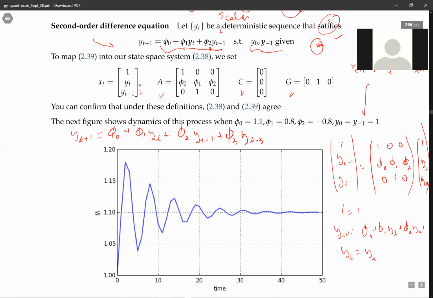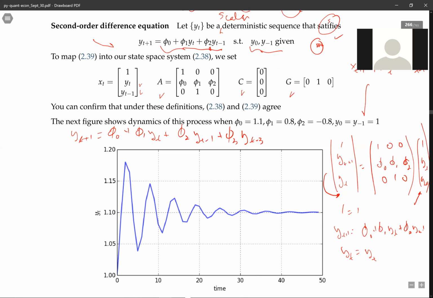See what I have to do? I just have to add some things here and make this matrix bigger. So essentially any finite order linear scalar difference equation I can map into a first order vector difference equation. That's going to be very useful.